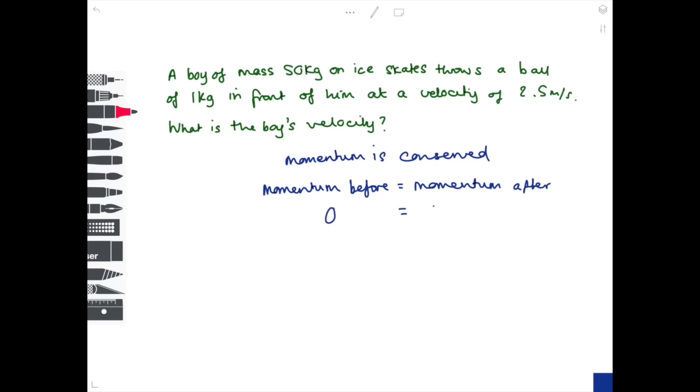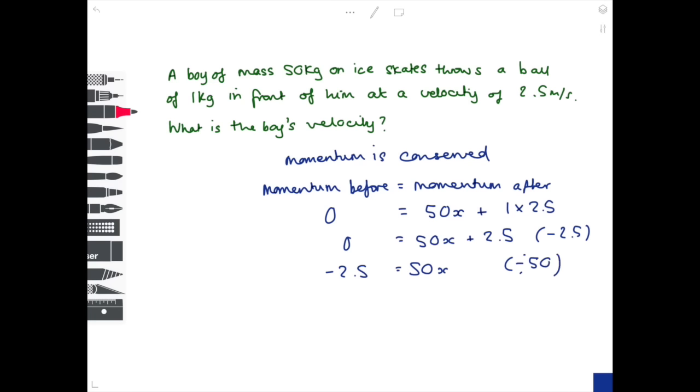The momentum after will be the mass of the boy times his velocity plus the mass of the ball times its velocity. So cancelling down, 50x plus 2.5, take 2.5 away from both sides. And then to get x by itself, you want to divide by 50, again on both sides. So the boy's velocity is minus 0.05 meters per second, which means he's travelling in the opposite direction.